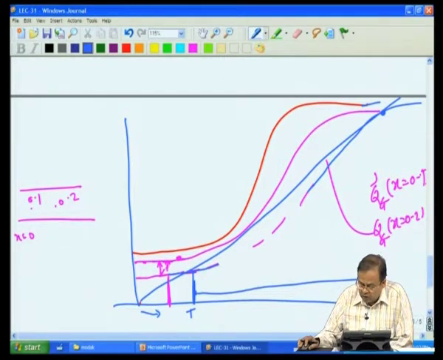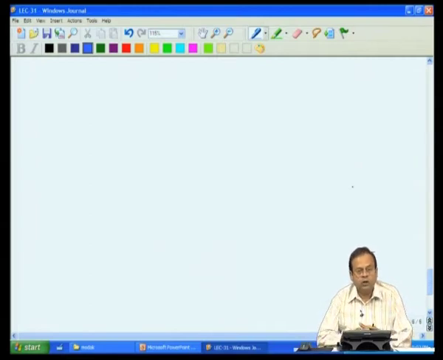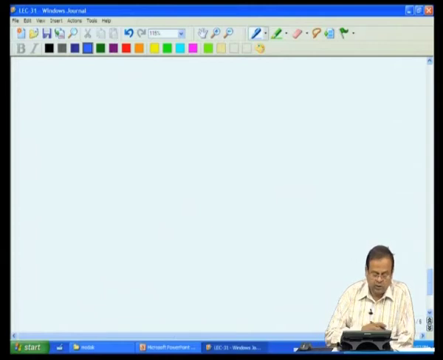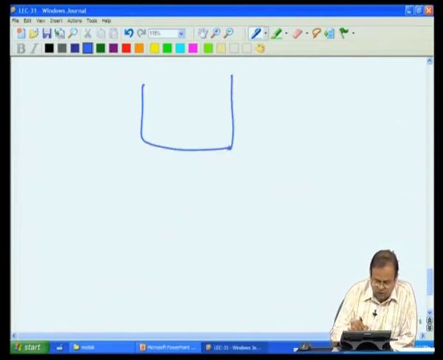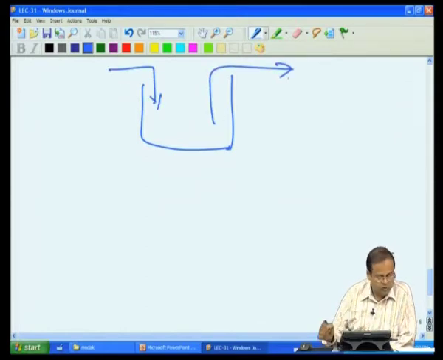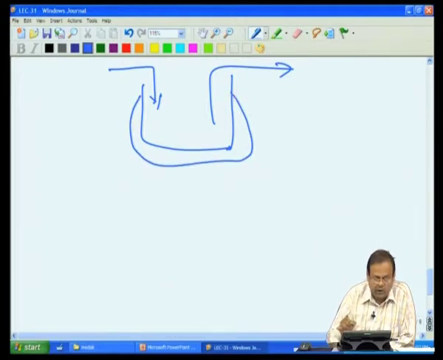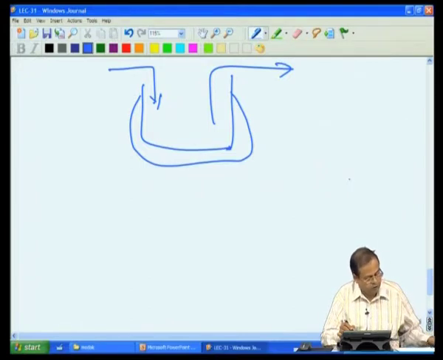Now, let us try to look at what kind of scenario will emerge if we have a stirred tank reactor, because we saw an example where stirred tank reactor also gives rise to multiplicity. So, let us say that we have a stirred tank reactor and some jacketed vessel, so that we are trying to maintain the temperature.